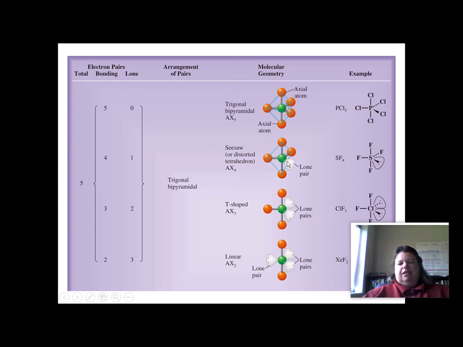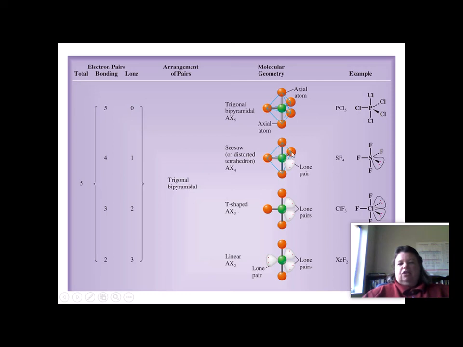But if by taking this one off, the triangle one, then it's 120, 120, and still 90. So this is the one that gives me the least amount there. Okay, it's called a seesaw because if you think about these 2 atoms here being the base of the seesaw, and this would be where you would sit on it, because this is basically, it appears as empty space. Okay, so you would sit here, and it would teeter-totter back and forth.